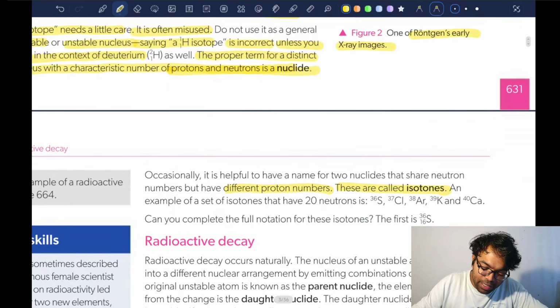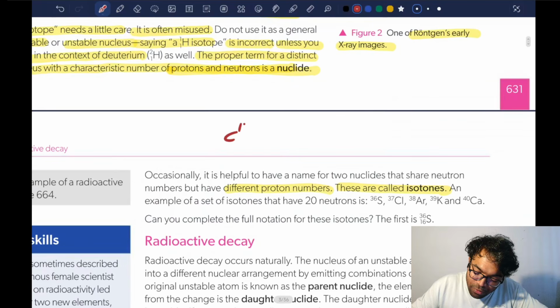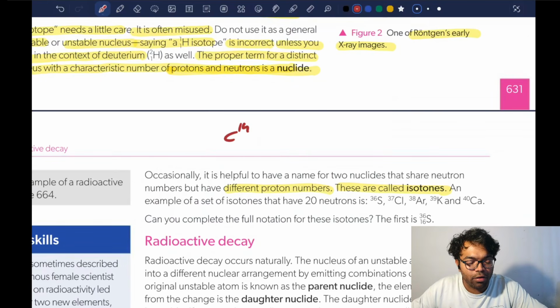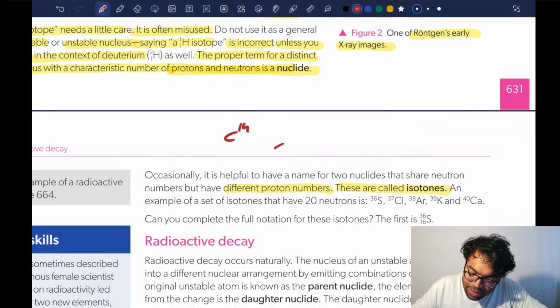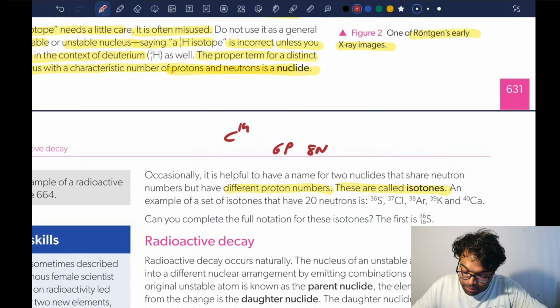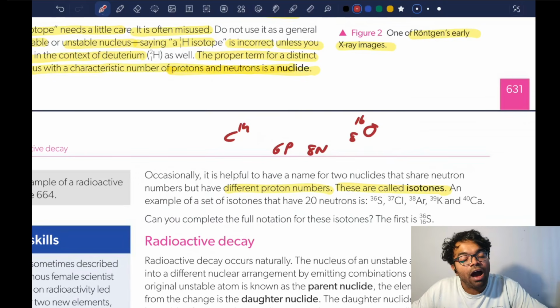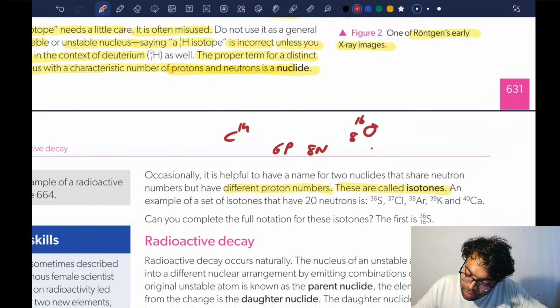For example, let's see. You have carbon 14. Carbon 14 has how many neutrons? 8 neutrons. It has 6 protons and 8 neutrons. Oxygen 16, atomic number 8. How many neutrons does it have? 8. So this has 8 neutrons and 8 protons.